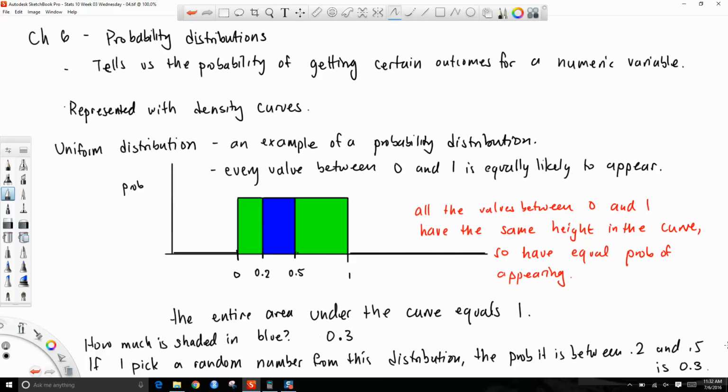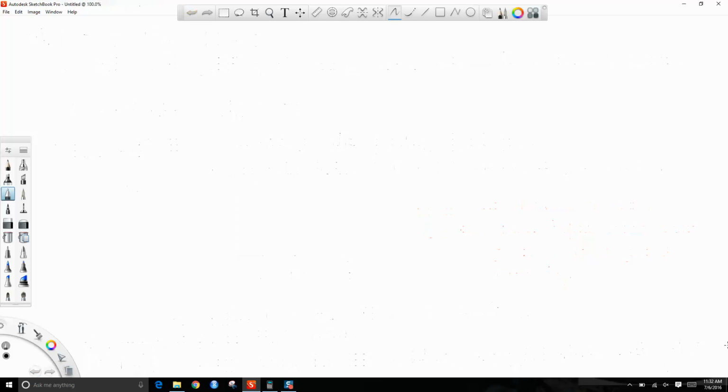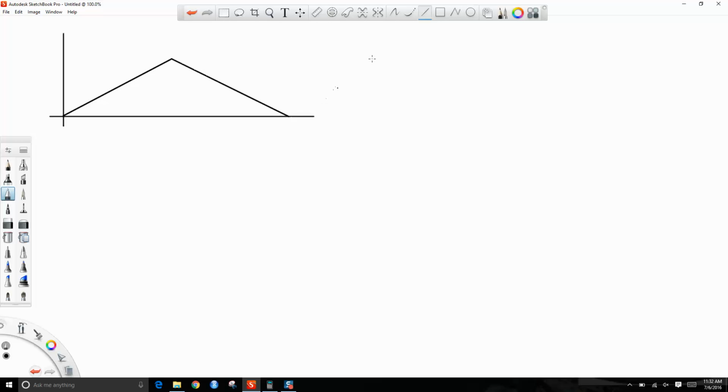All right, and so you can have other shaped probability distributions. I don't know, you can have something that looks like this, all right?